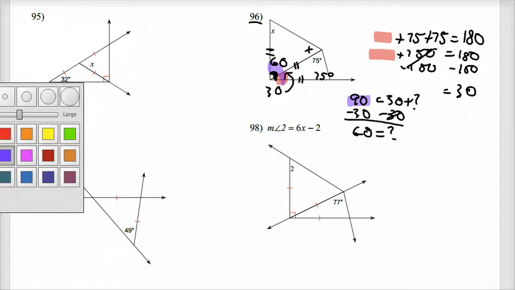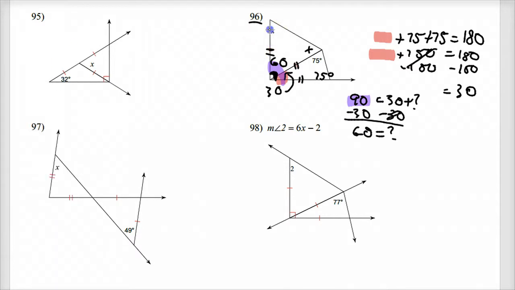All right, so now what do I do? Final stage. I have this x and the 60. Those three together add up to 180. So the x plus the 60 equals 180. Why? Because they're the three angles inside that triangle. We're showing that in another video as well. So that gives me 2x plus 60.